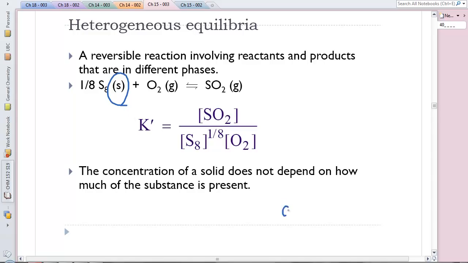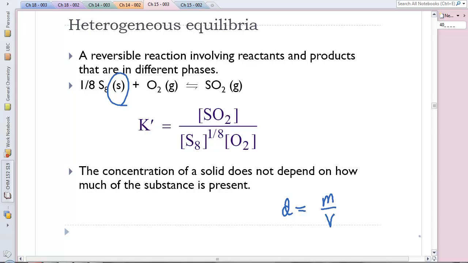And I think the easiest way to think about that is in terms of density. Okay? So a solid is going to have a certain density. Whether we have a lot of the solid or a little of the solid, it has the same density. And density is really a concentration. How much per volume? Concentration.